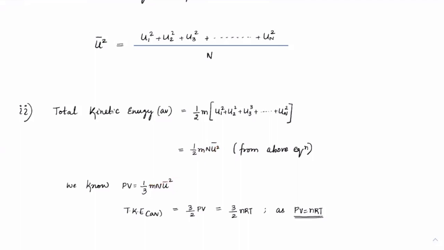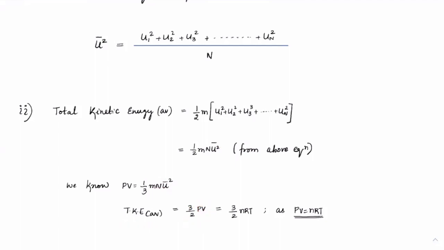In case you check out the total kinetic energy, we can relate these two and get different derivations. For example, I can write the total kinetic energy as 3 by 2 PV, because half mn u square, which is the kinetic energy, is 3 by 2 times PV.